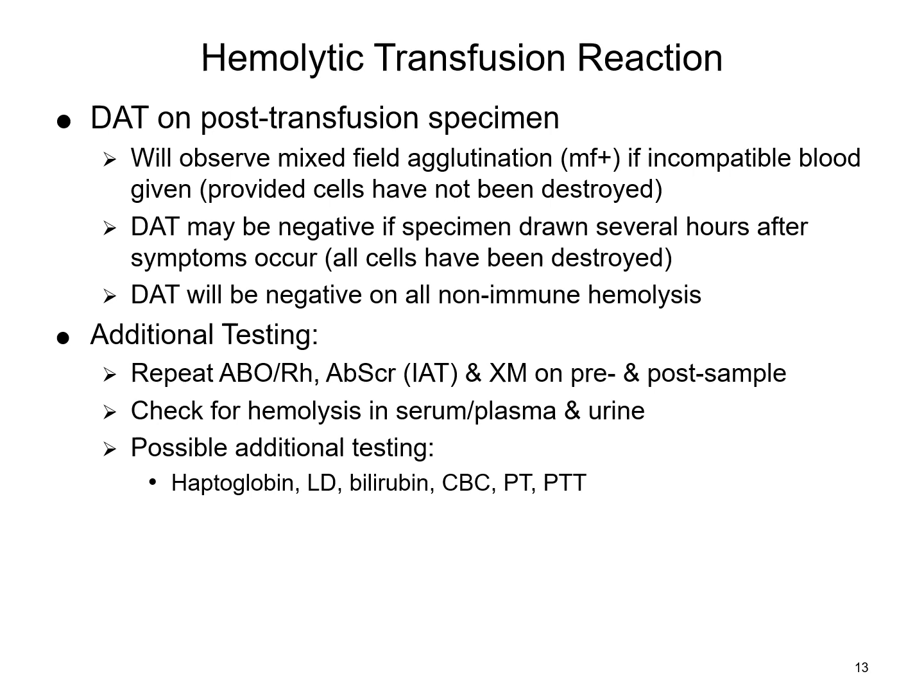The DAT can be negative if the specimen is drawn several hours after the symptoms start. This is because those red cells are already being marked and labeled for destruction, so the body will spend that time actually destroying those cells and trying to remove them. So it's very possible that you could get a negative reaction on that patient.